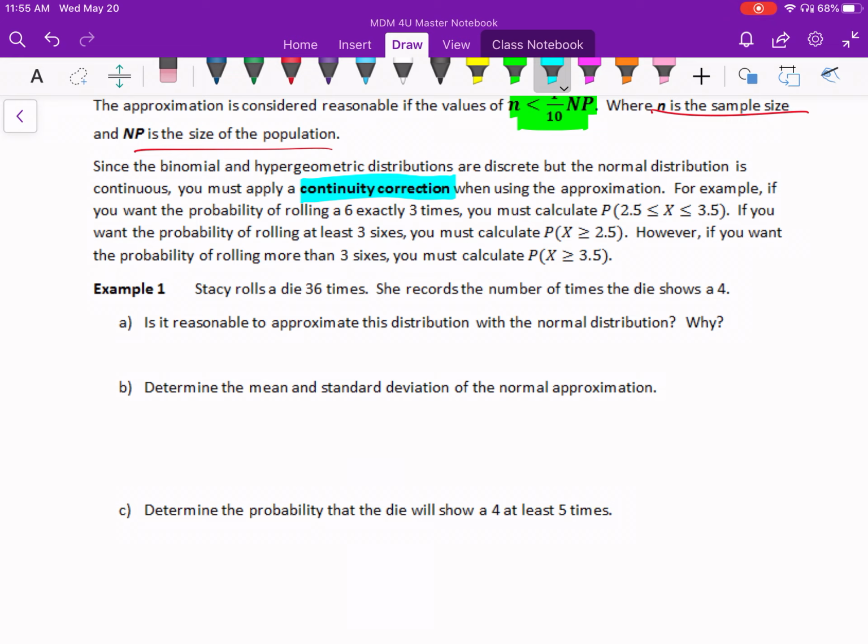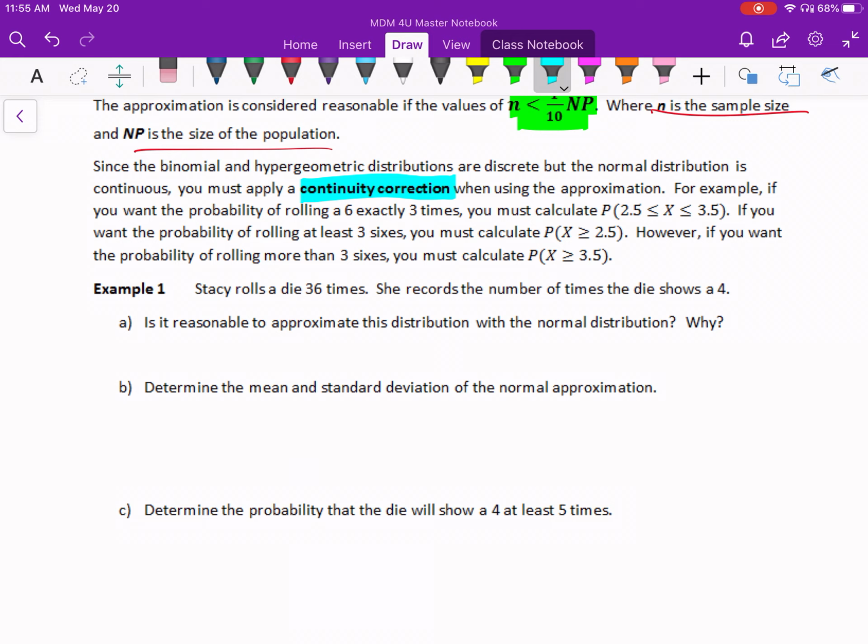We know for a continuous distribution, the probability of getting any one number exactly is 0. We've seen that before, but now we're not dealing with a continuous distribution. We're dealing with a discrete one. So of course there's a probability associated with rolling a 6 exactly 3 times.